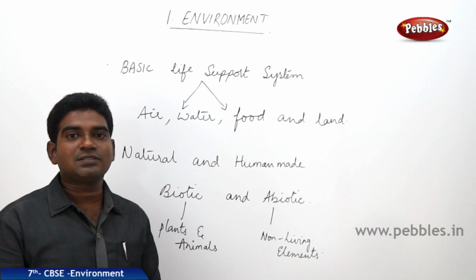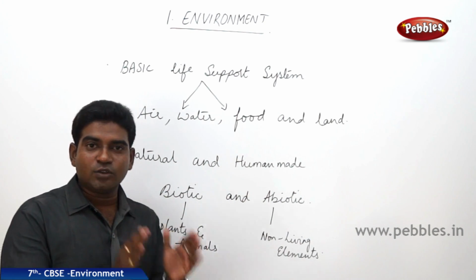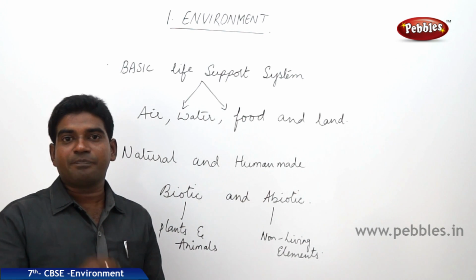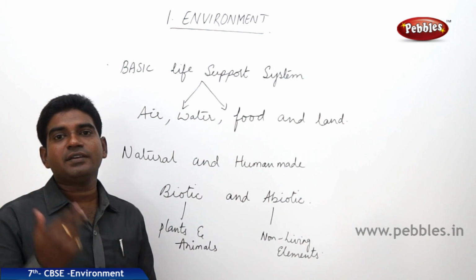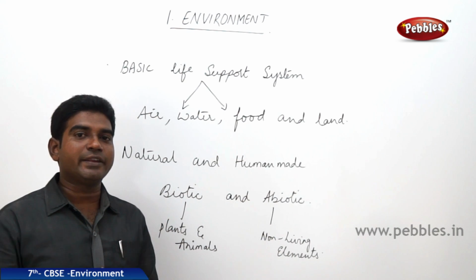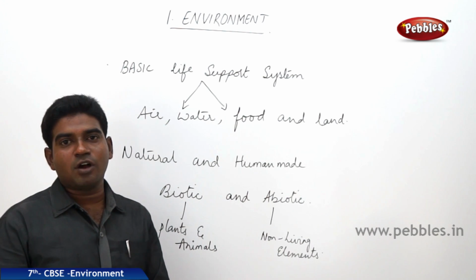That's why we call them human made things. So, in the ecosystem, we have the basic life support system. In the basic life support system, the basic things are air, water, land and food. We can broadly categorize them into two categories, that is the natural and the human made components.